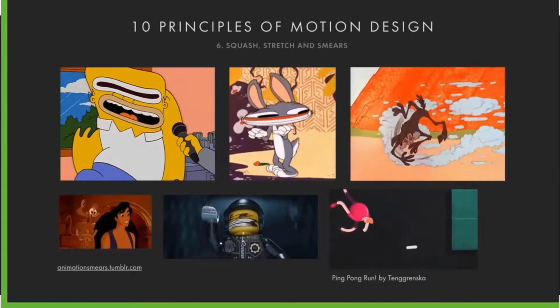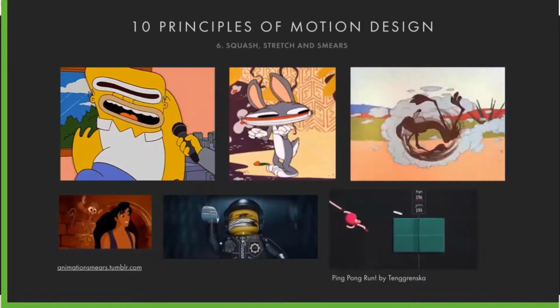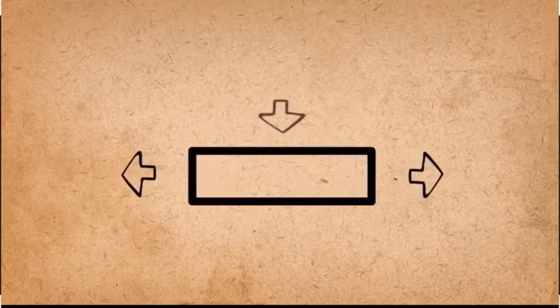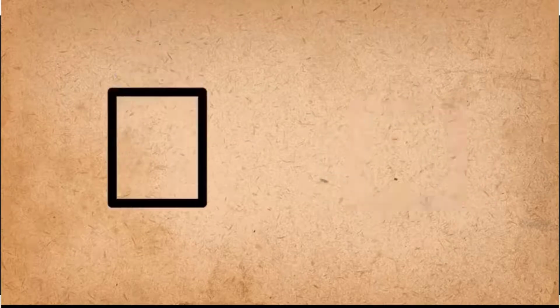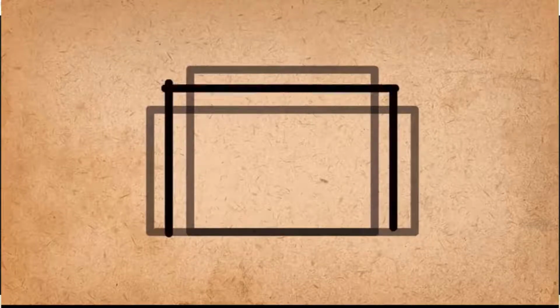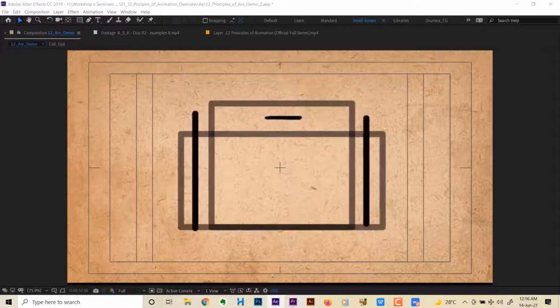A good thing to note is that while observing the principle of squash and stretch, you don't just squash or stretch things anyhow. There is a principle that it must maintain its volume over time. For instance, let's take this square. Once it squashes, it will maintain its volume over time. Here, this is stretching.